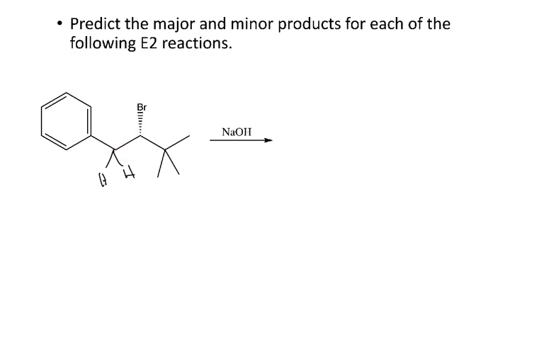So my products. I'm going to be lazy. Rather than drawing the whole benzene, I'm just going to write Ph for phenyl group. And then I can get the t-butyl group.